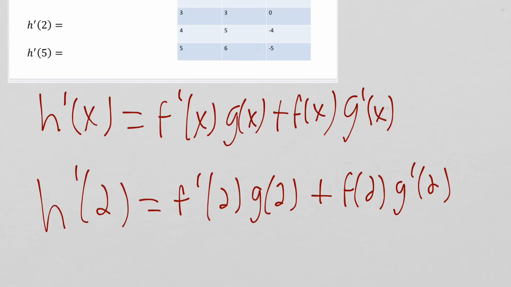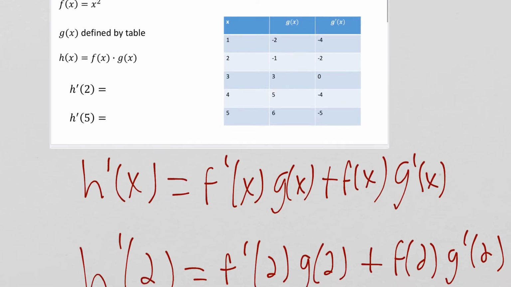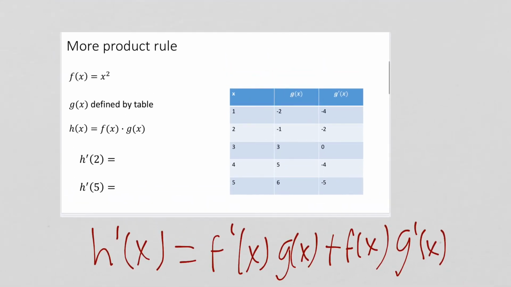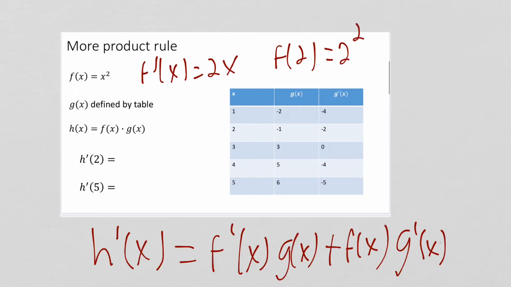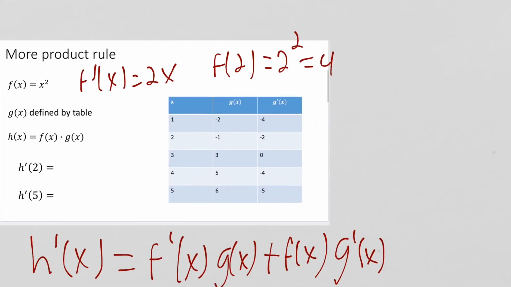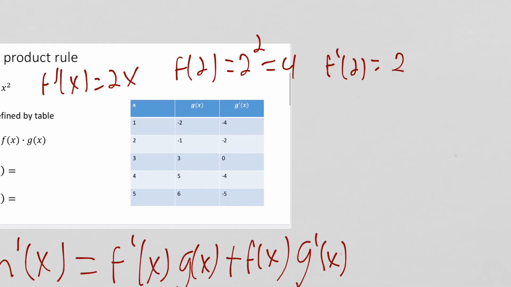Now the thing is, f and f prime are defined by the function f of x equals x squared, and then g is defined by the table. So what we should do is come up here and say f prime x equals 2x by the power rule. So f of 2 is going to be 2 squared because the function's x squared, and that's equal to 4. And then f prime 2 is going to be 2 times 2, which also happens to be 4.